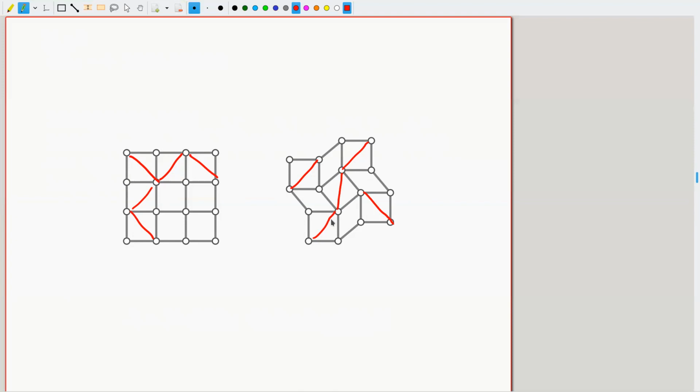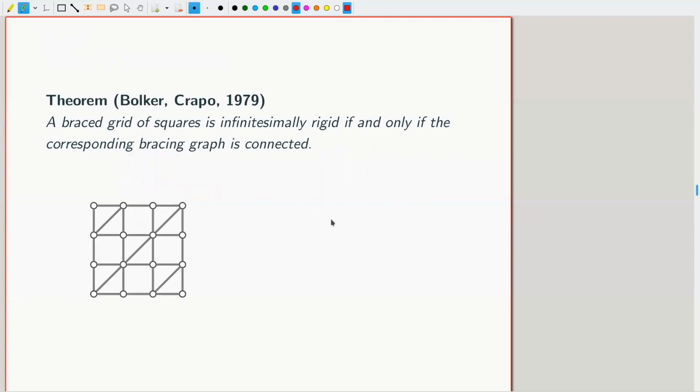So the problem is old, already in the 80s. Bolker and Crapo gave an answer how to decide for a grid of squares whether its bracing makes it rigid or not. What they do is they use the concept of infinitesimal rigidity. I don't want to introduce precisely what that means.